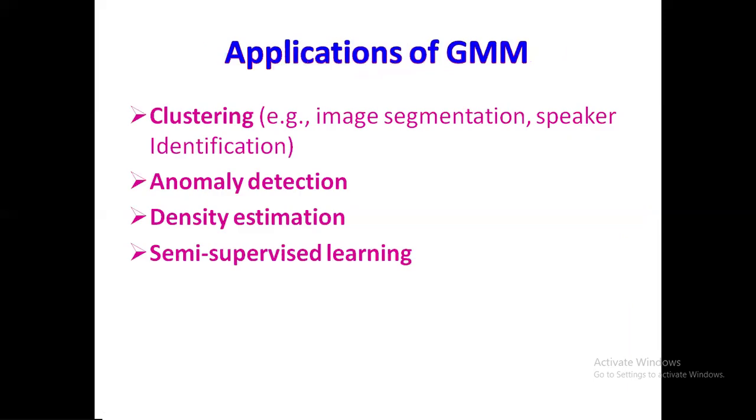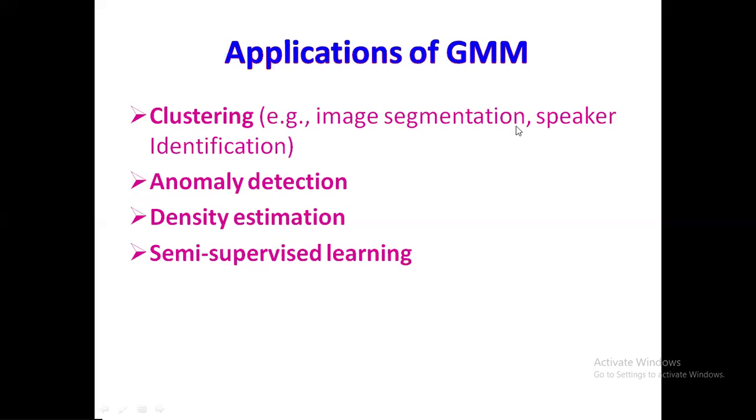Coming to the applications, Gaussian mixture models are widely used in areas requiring clustering, density estimation, and image segmentation. Pixels can be grouped based on color or intensity distributions. Suppose you have 10 colors; first we identify the primary colors, then group into those colors.